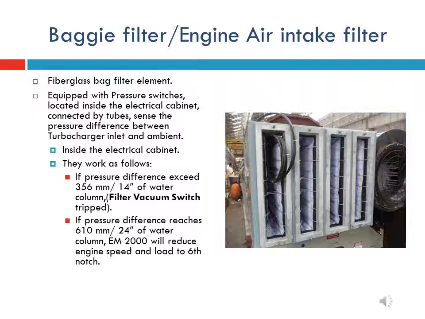When the baggy type filter becomes dirty, the air pressure in the airbox of the engine may not be positive and sufficient. So due to insufficient air pressure, complete combustion of fuel will not occur. Consequently, engine horsepower will drop.